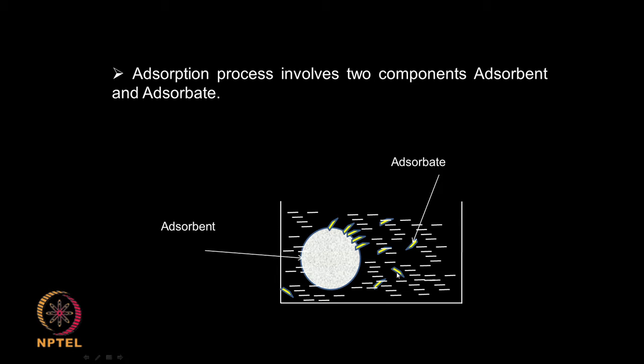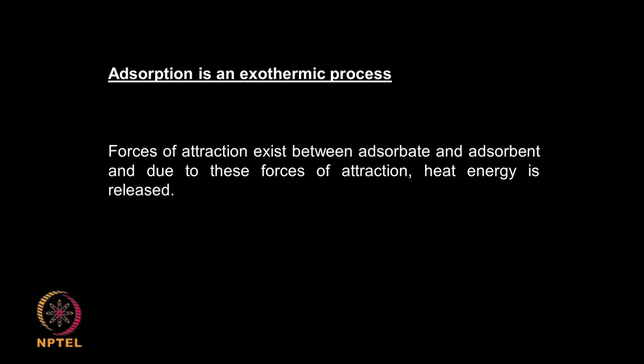For example, if I want to decolorize certain liquids after fermentation, I can use an adsorption process where the color material which gives the color to the solution gets adsorbed. So, you can get a very clear looking solution once we perform adsorption.